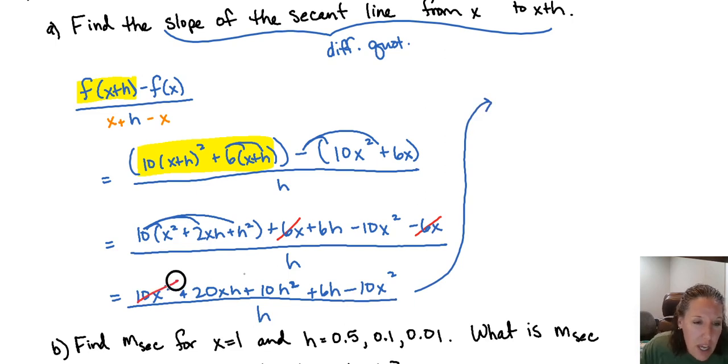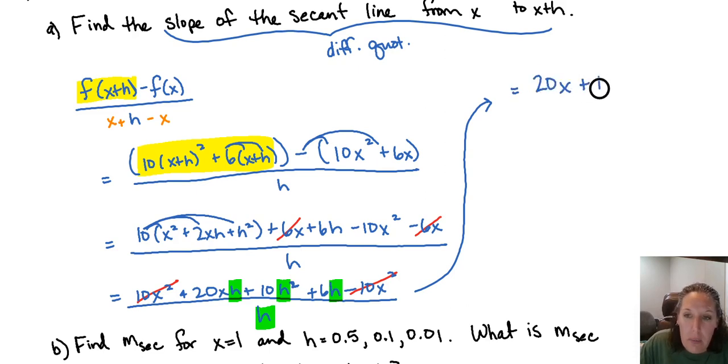We can finish combining like terms. We've got a positive 10x squared and a negative 10x squared. And what should happen at this step is every term that is left has an h. So we can divide by h on every term, factor out that h and divide it on the bottom. That's going to leave us with 20x plus 10h plus 6.